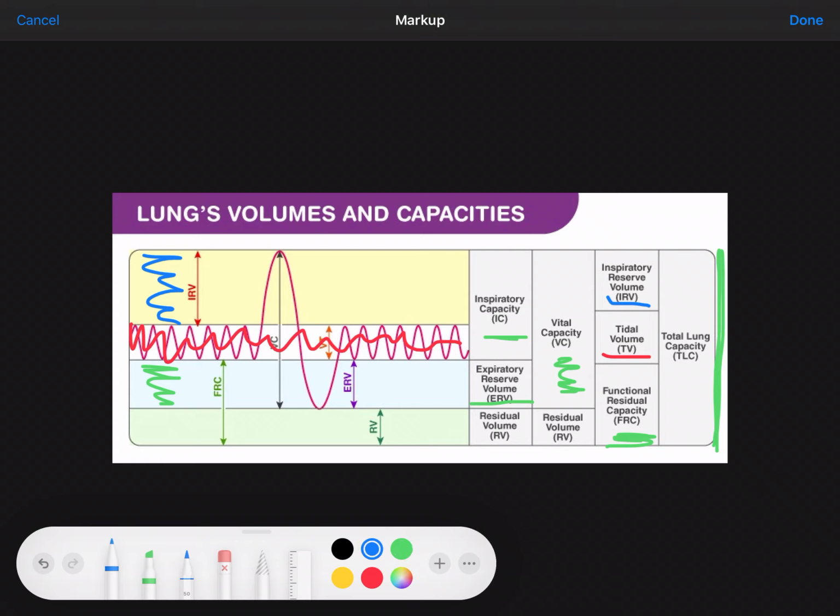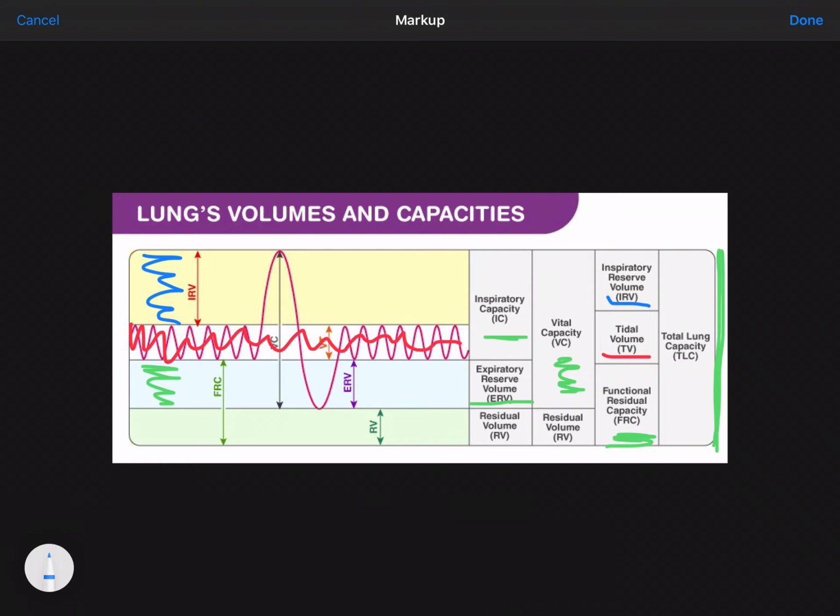Since we can't measure the amount of air in our residual volume, let's go ahead and give us some numbers to play with. So on the practical, he'll say that your tidal volume is 500 milliliters. So let's go to tidal volume right here, and let's call it 500. And with that, he can say that your vital capacity, the most you can breathe in and breathe out, would be, let's say, 3,000 milliliters. And your expiratory reserve volume, let's say you can breathe out 1,000 milliliters.